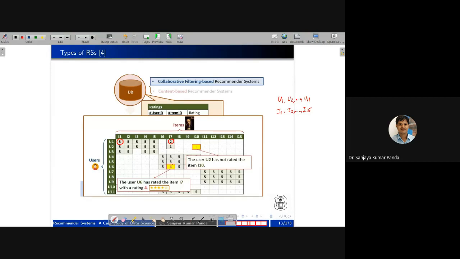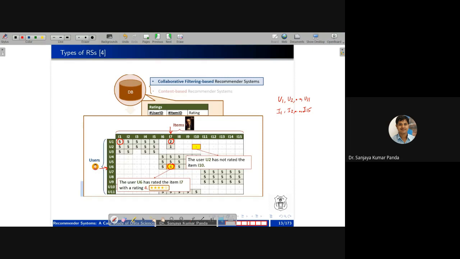Similarly, this yellow marked box, if you look at this particular location, points to user U6 and item I7. So we can say user U6 has rated item I7 4 out of 5.